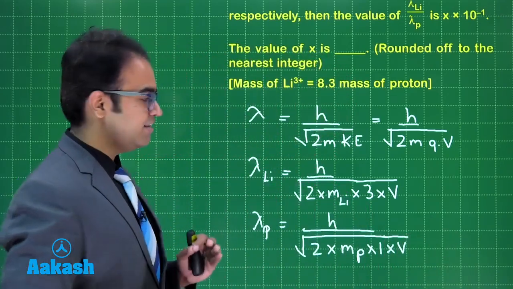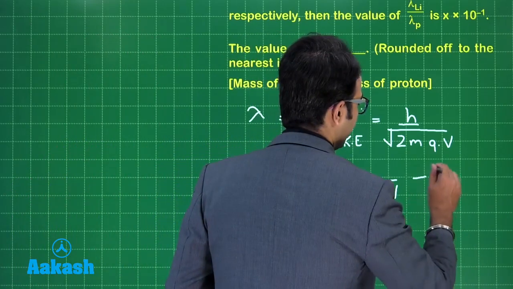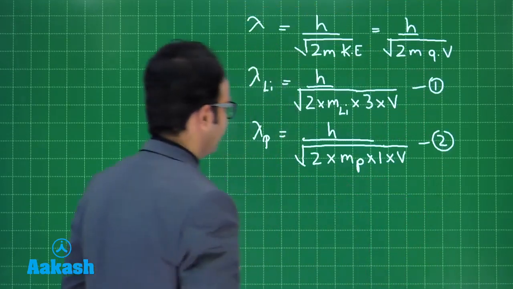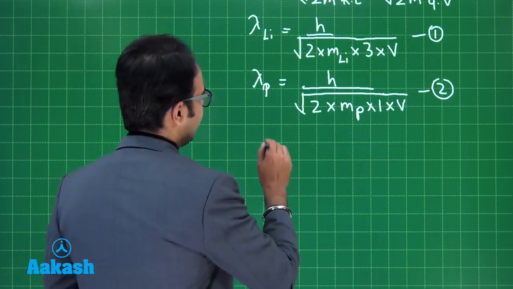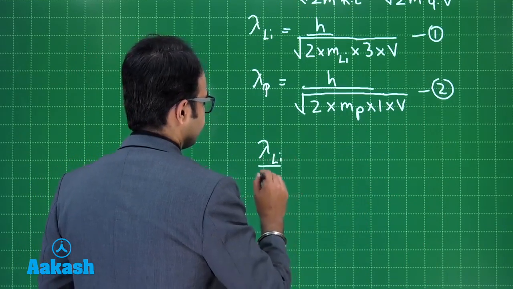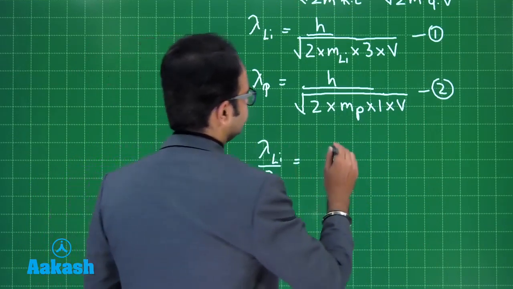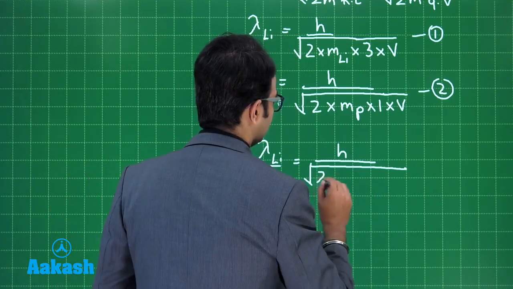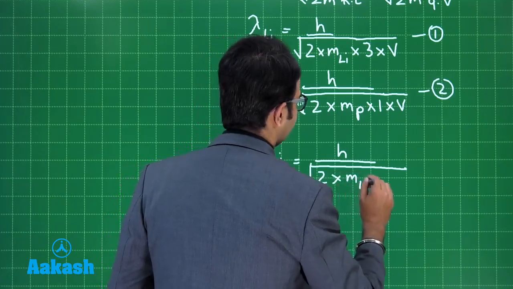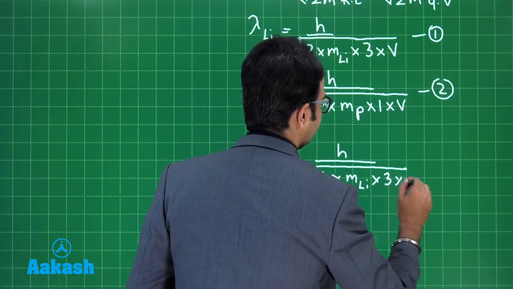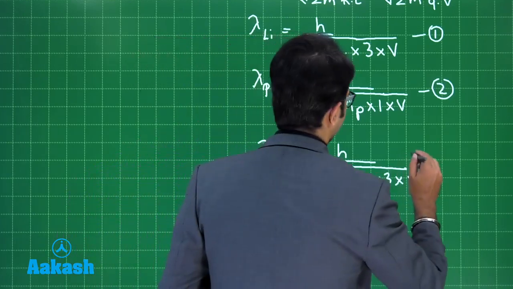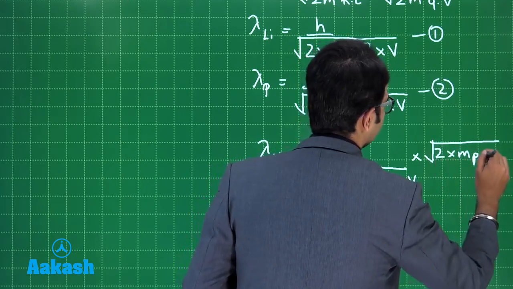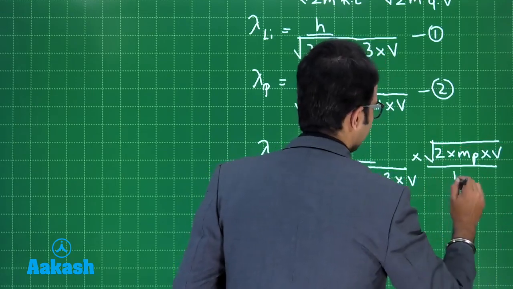Now we'll simply divide equation 1 by equation 2, and as we divide this, we'll get our answer. So lambda Li by lambda P will be equal to h upon square root of 2 into the mass of lithium multiplied by 3 into V, multiplied by square root of 2 into the mass of proton multiplied by V divided by h.